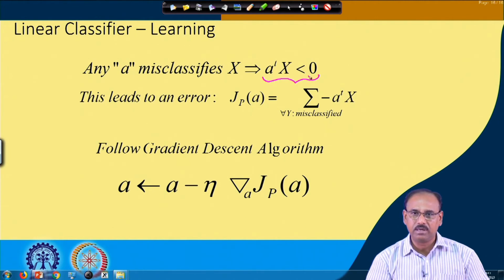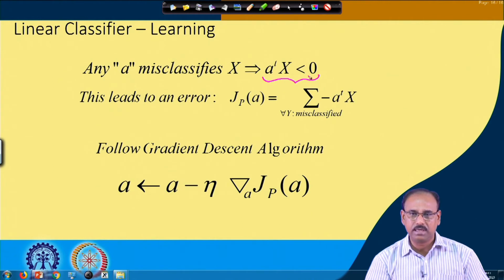That means, for all the vectors I know to which class they belong. So, given any A, if I find that A transpose x is less than 0, that means A misclassifies that x. And this misclassification leads to an error.